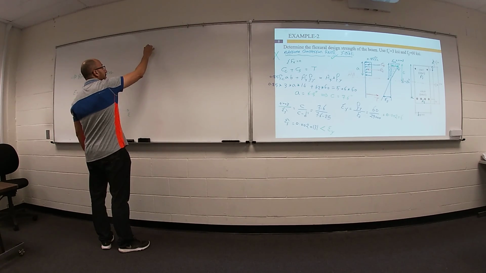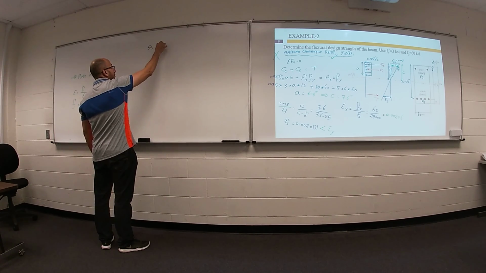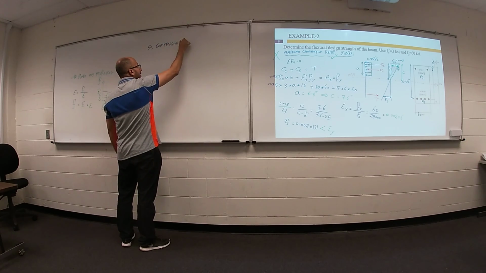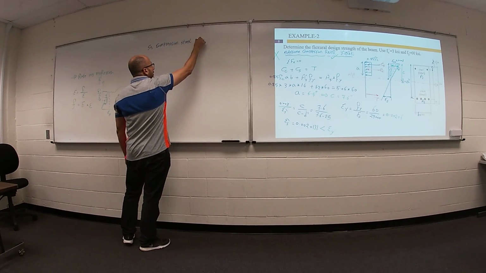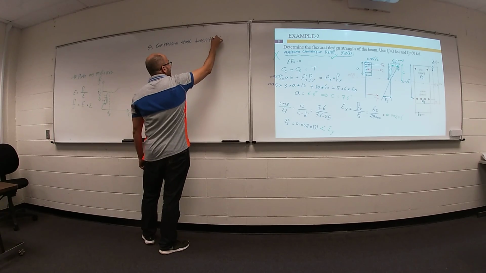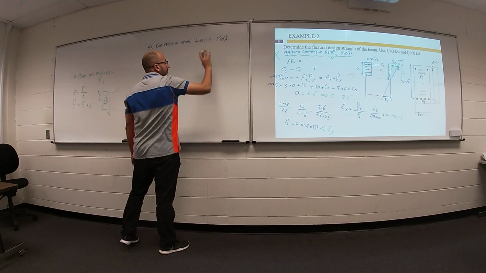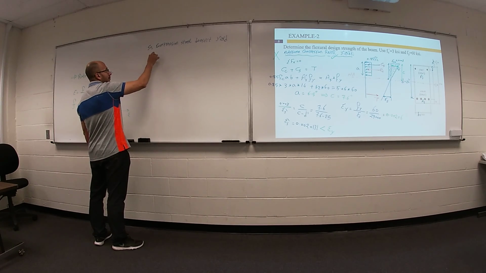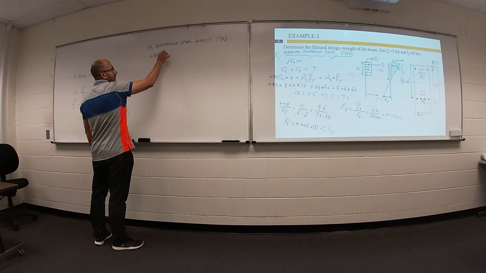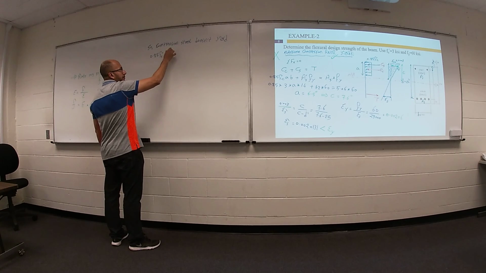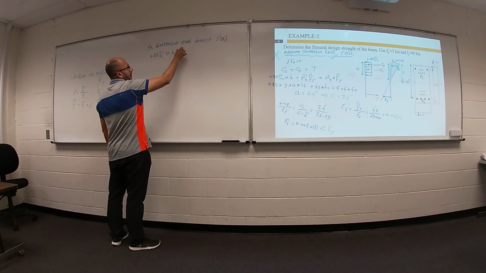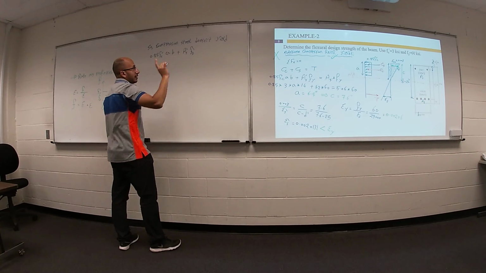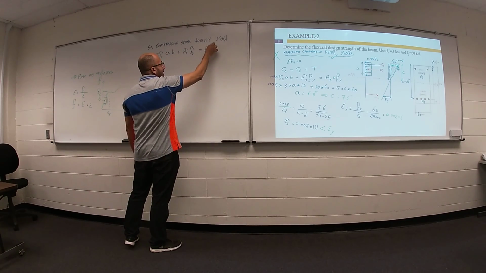So compression steel does not yield. So your equilibrium equation must change a little bit: a b plus area of steel prime times f steel prime, not f yield, equals area of steel times f yield.